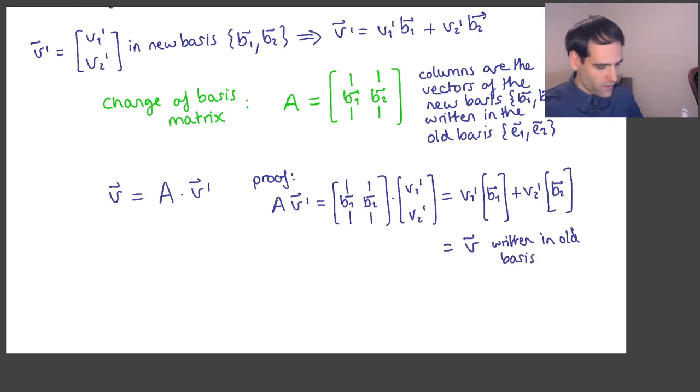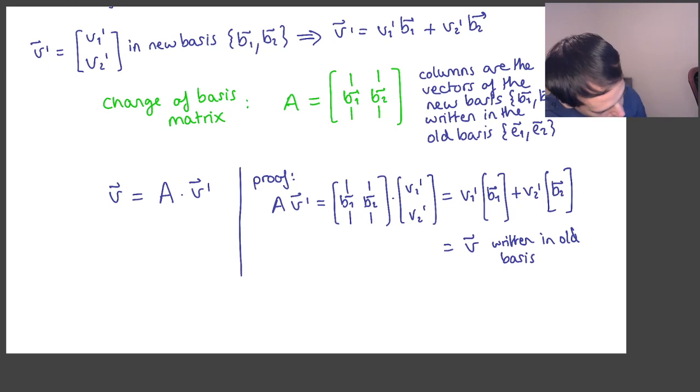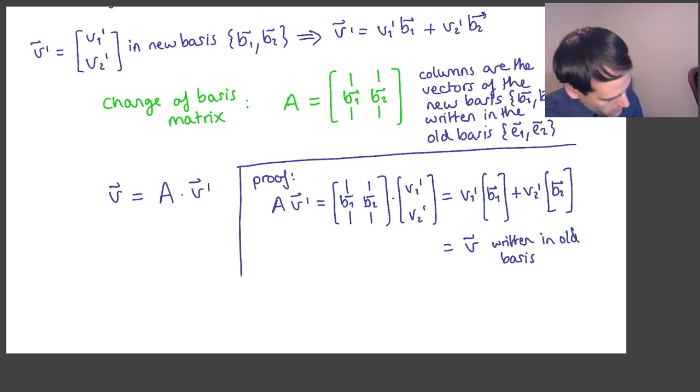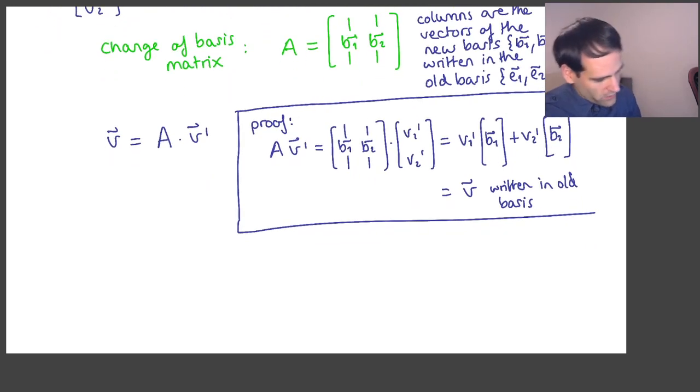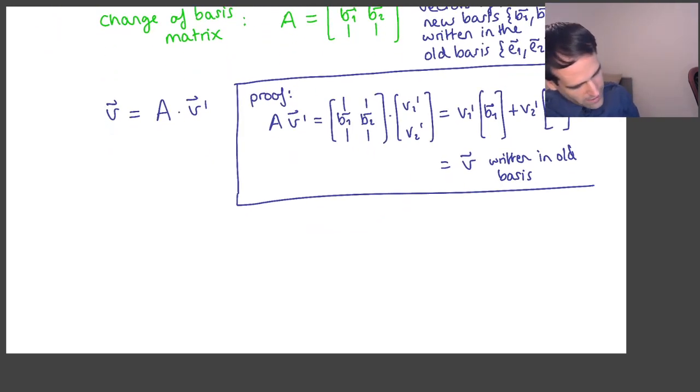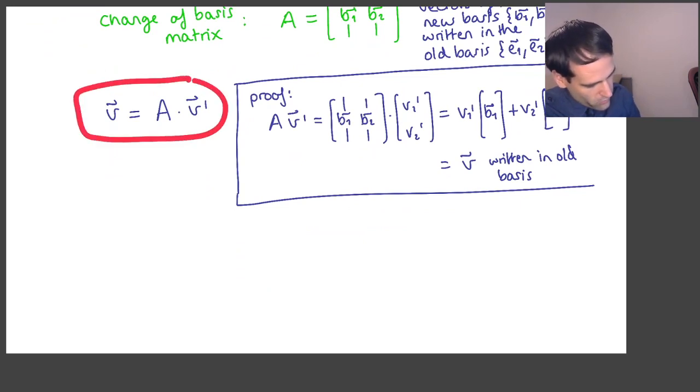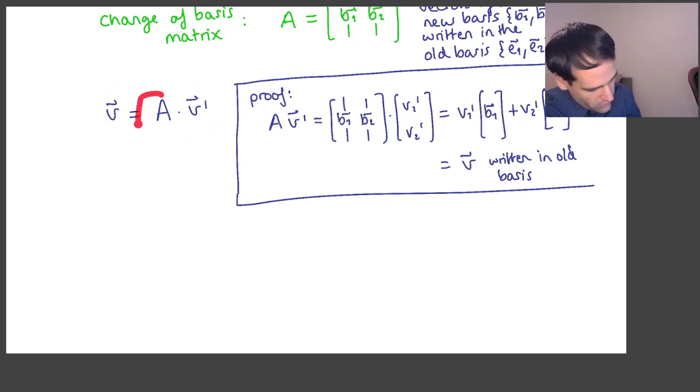Okay? So using this matrix, we can change between the new and the old bases. We can of course do the opposite. So if we multiply times the inverse of A on the left of this equation, so we multiply times the inverse of A here and also here, so these two A to the minus 1 times A will go to the identity matrix, and we will be left with A to the minus 1 on the left.